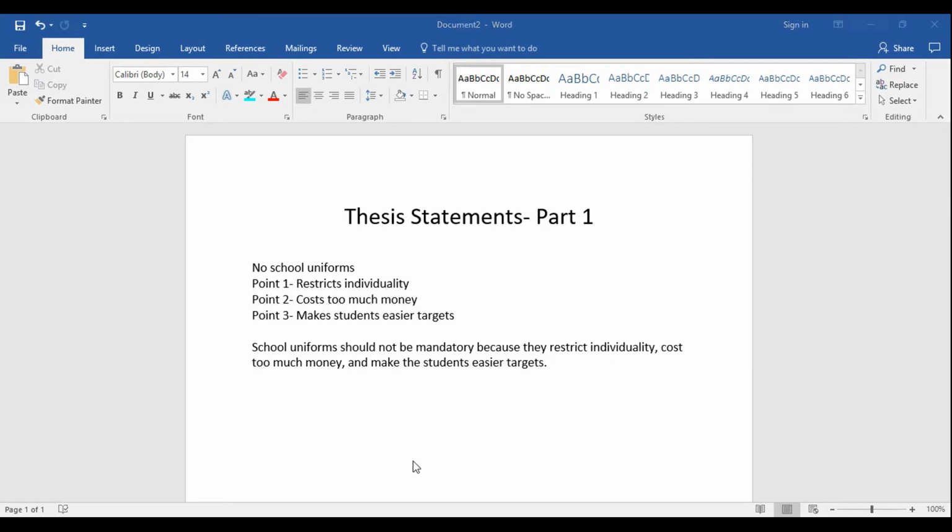Now we're going to move on to a second example. This one occurs not with where you're arguing against something, but instead it explains something. So a common question that students have to write about that I help them with is, why did I choose this college? Why did I decide to go to this college?